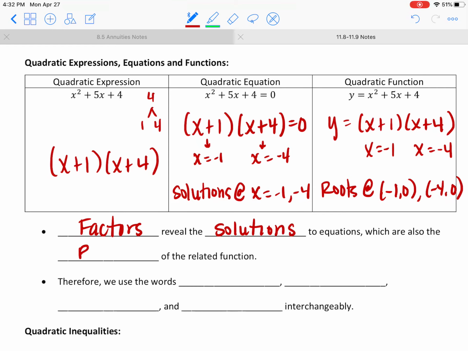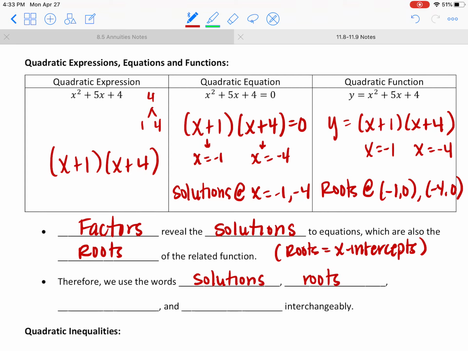So the factors reveal the solutions, and the solutions of the equations are also the roots or x-intercepts of the function. I prefer the word roots, but just so I'm not losing anybody, roots are x-intercepts.